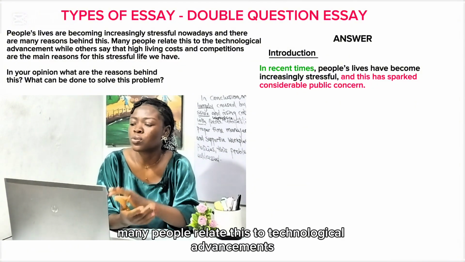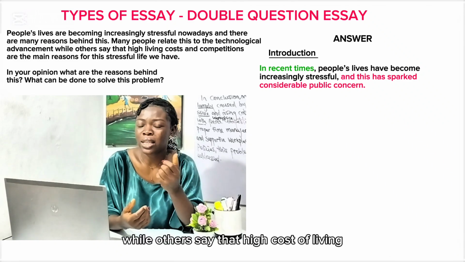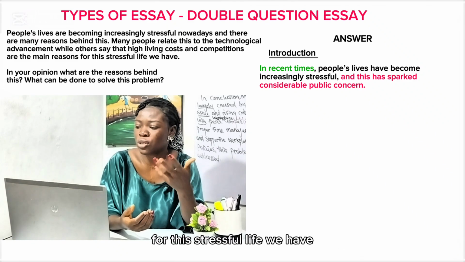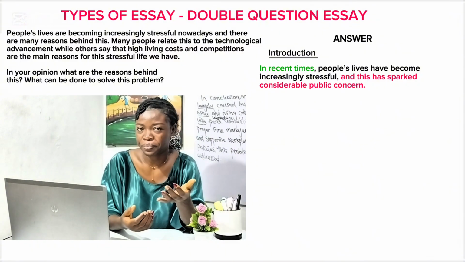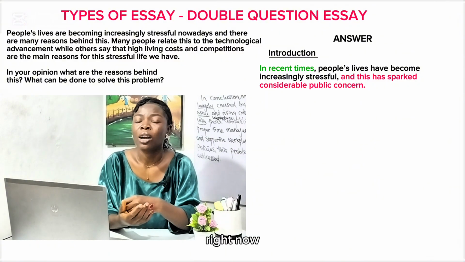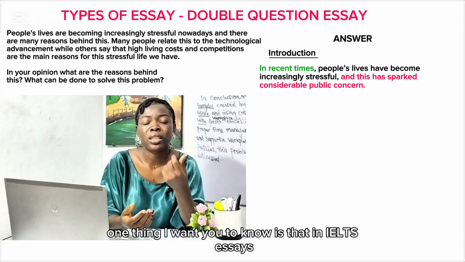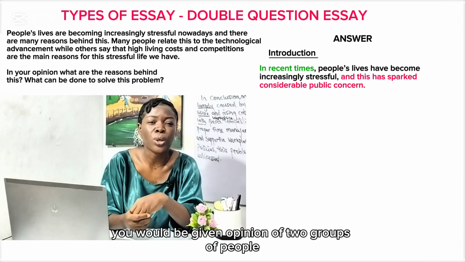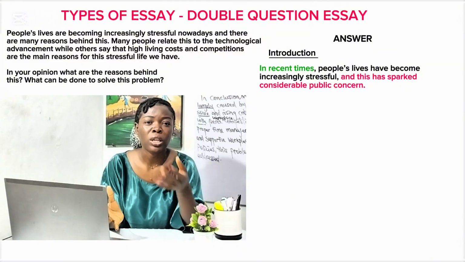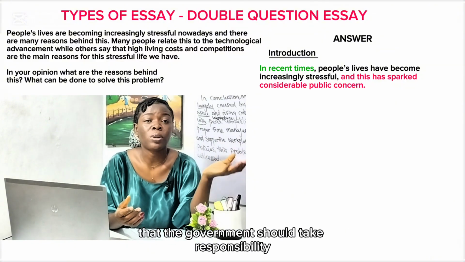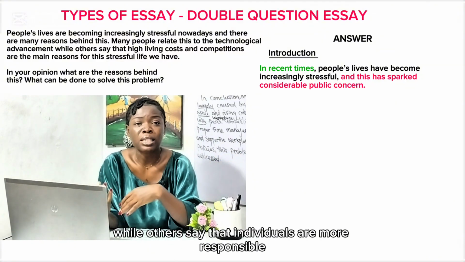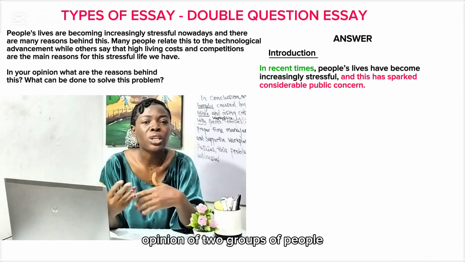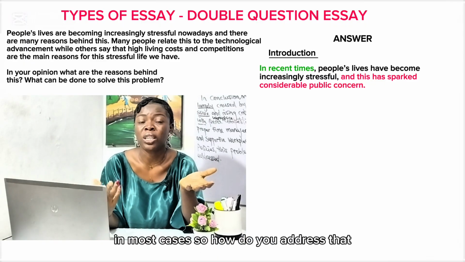Many people relate this to technological advancement, while others say that high cost of living and competition are the main reasons for this stressful life we have. Right? Now, one thing I want you to know is that in IELTS essays, most times you would be given the opinion of two groups of people. Some people are of the opinion that the government should take responsibility, while others say that individuals are more responsible. You will always be given the opinion of two groups of people in most cases.